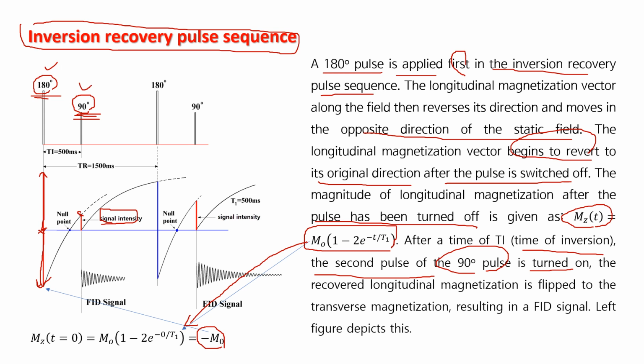The recovered longitudinal magnetization is flipped to the transverse magnetization, resulting in an FID signal. So during Ti, the magnetic vector will recover, and at this moment the 90-degree pulse is applied, then this longitudinal magnetization converts to transverse magnetization and is detected as a signal.